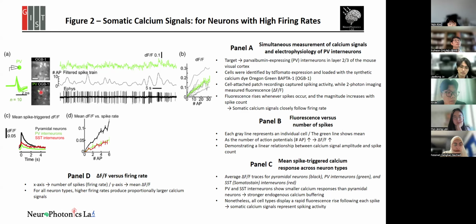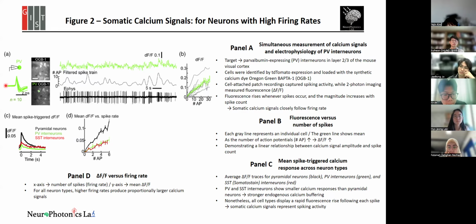When we use the Oregon BAPTA and they overlay the Oregon BAPTA, as I know, the wavelength is different, because the filter for the Oregon BAPTA and the tdTomato need to be different filters to visualize the cell.